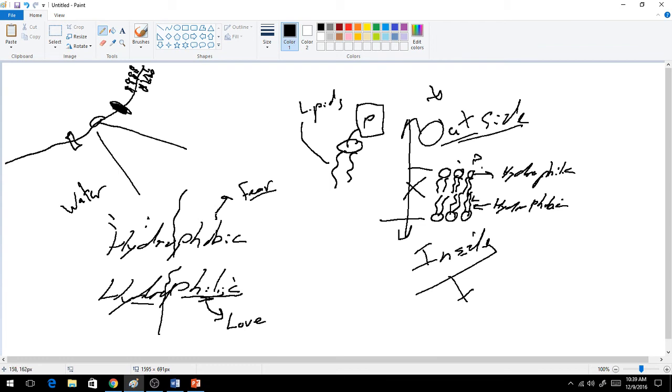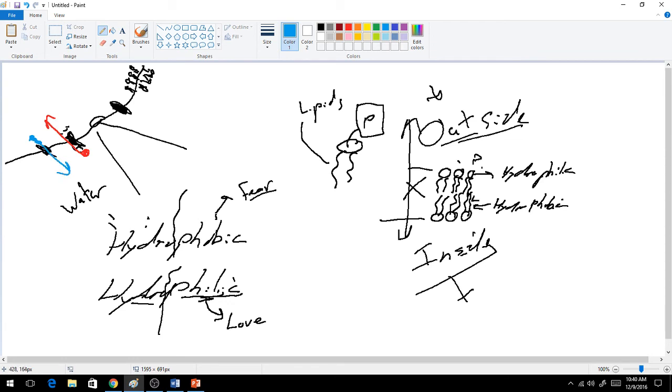Sometimes there's proteins in the wall, and they have chemical sensors, we'll say, which if something nice comes along, it can grab onto it and move it into the cell. Likewise, if there is a chemical product that the cell needs to get rid of, it can grab onto it and eject it from the cell.